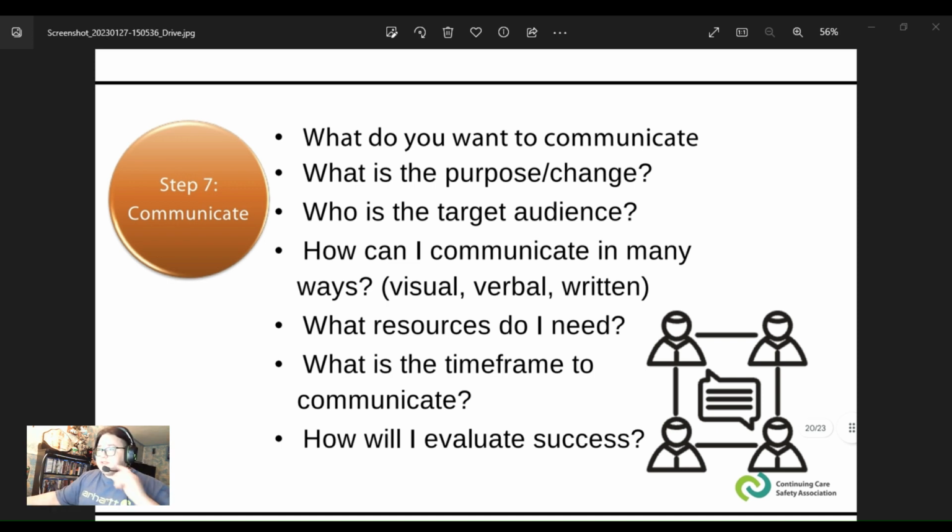And just some really good questions I came across while perusing the internet. When you communicate these things, ask yourself the following: what do you want to communicate? What is the purpose of the change? What team members need to be told? Do certain team members need to be communicated to before others?